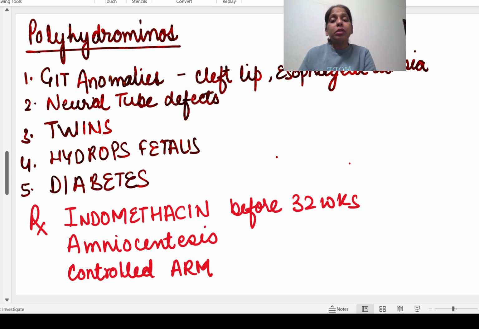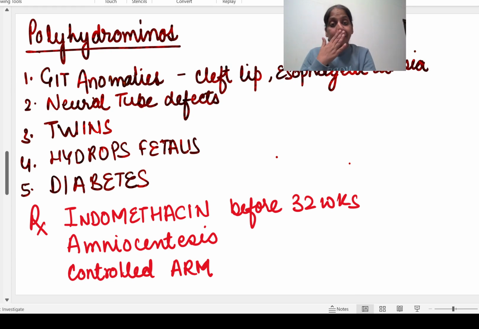Okay, the cause of polyhydramnios, as I already told you, the fetus drinks its own urine or swallows its own urine, and that is how amniotic fluid circulation is maintained. Okay, so now polyhydramnios occurs when the fetus is not able to swallow its own urine.